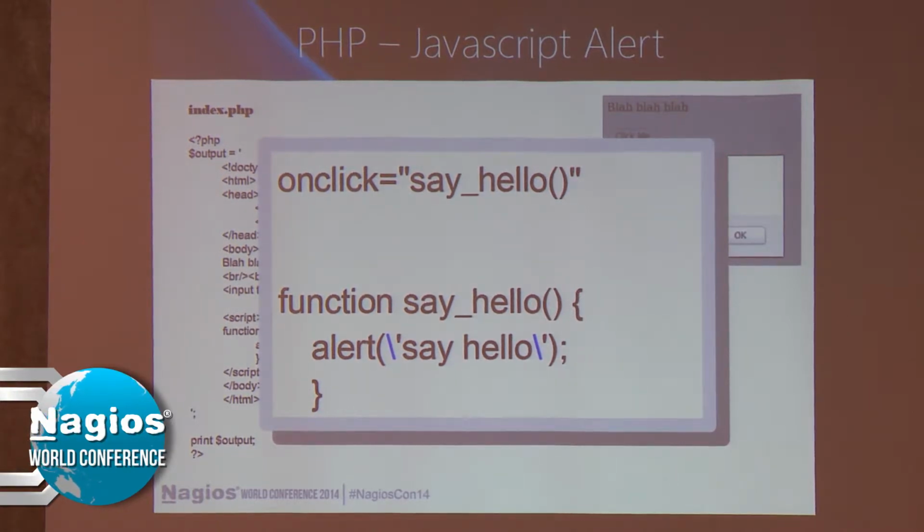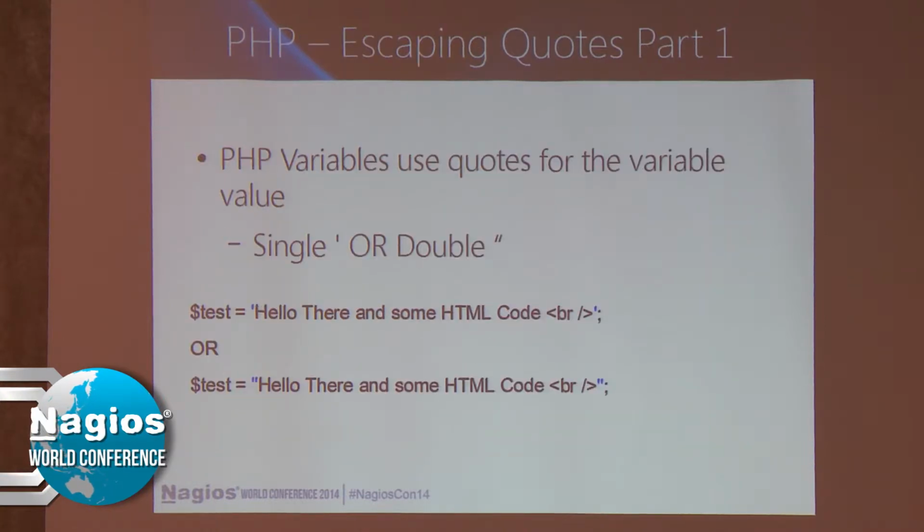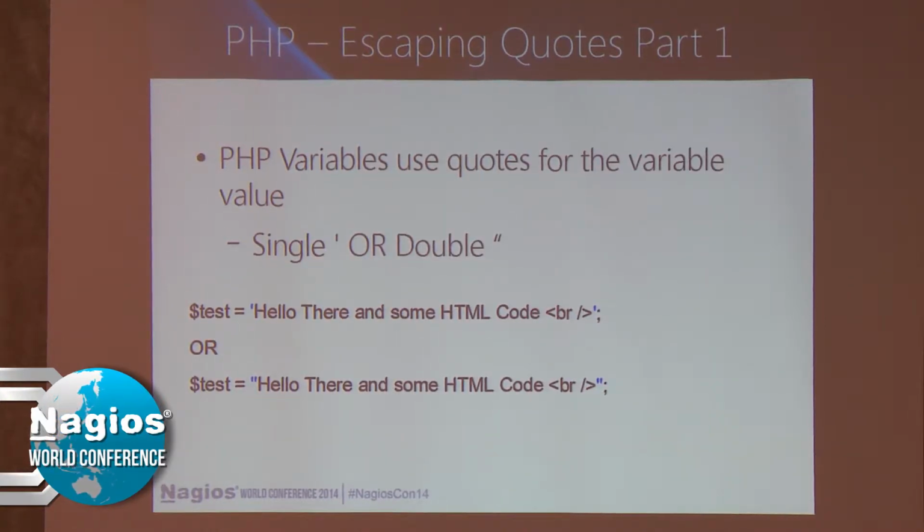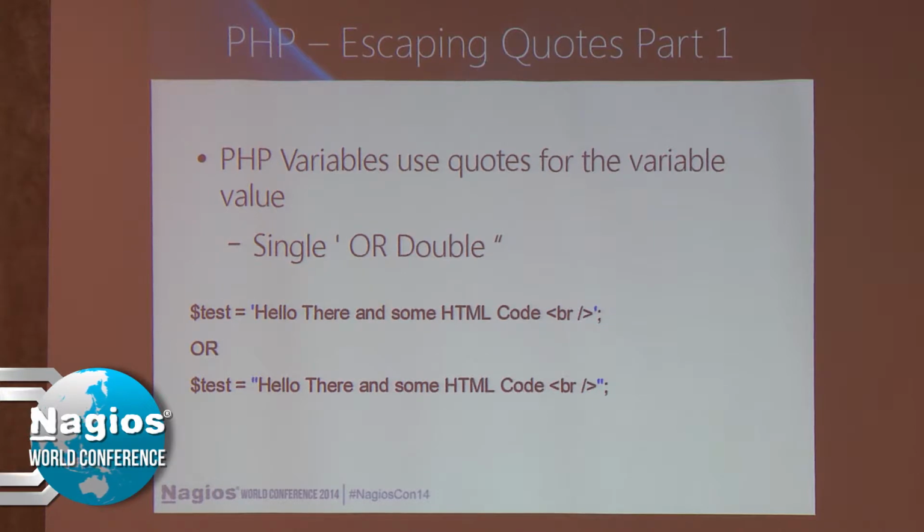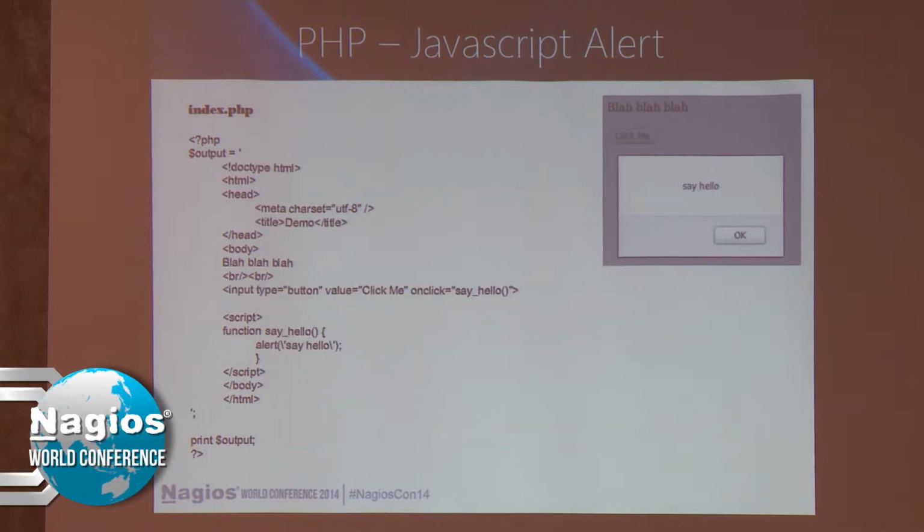I'll explain more as we go why we have to do this. PHP has variables that you put all your values in. At the end of this, it actually prints that variable out to the screen. So that's how it generates the code, and then it prints that output.